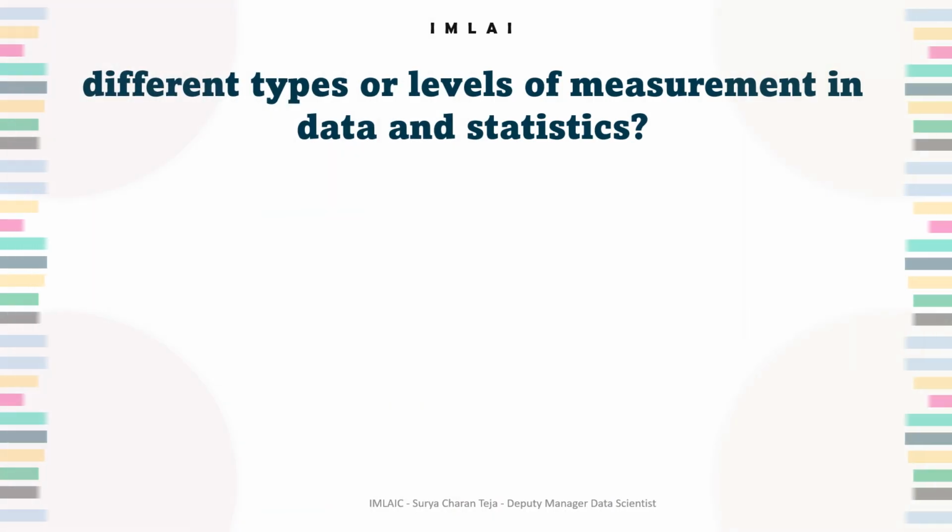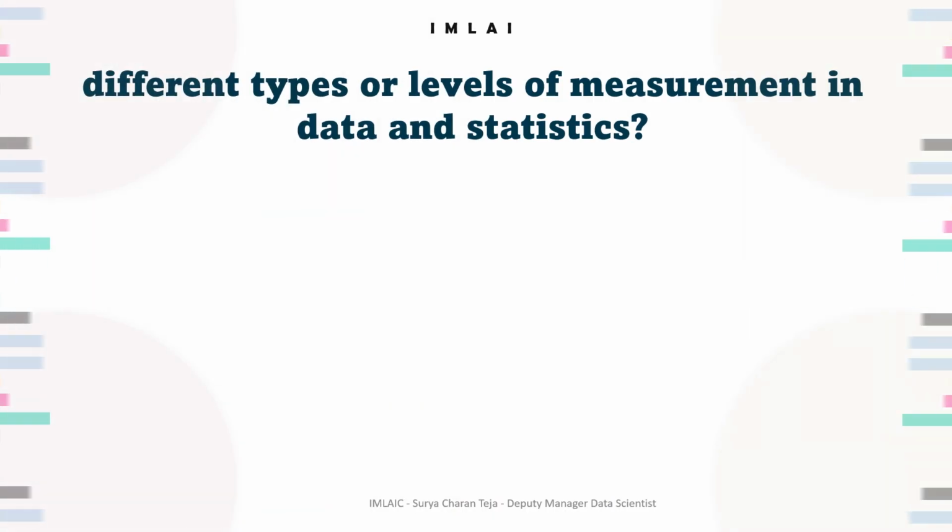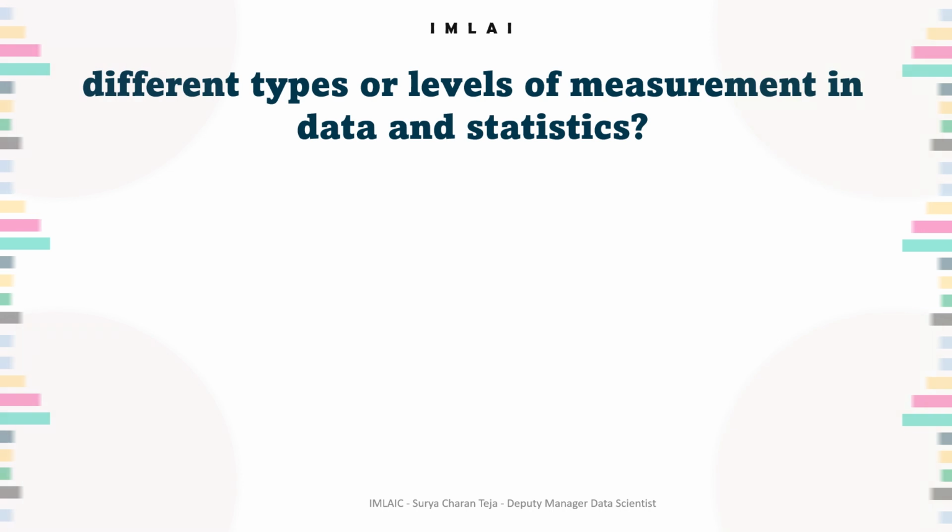So let's begin with the different levels of measurement in data and statistics. When carrying out any kind of data collection or analysis, it is essential to understand the nature of the data you're dealing with.